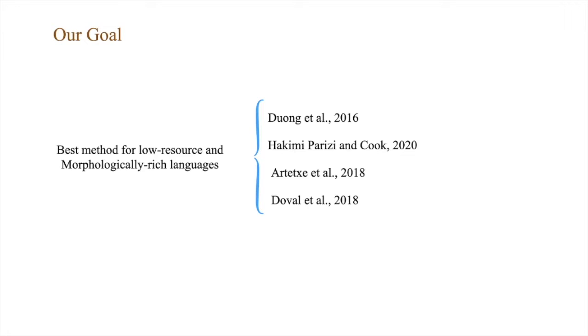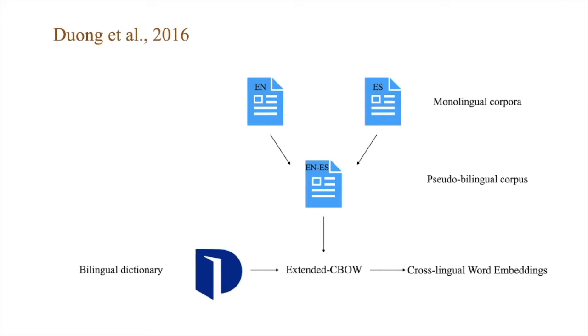Hakimi Parizi and Cook, which is an extension of Duong that incorporates subword information during the training. Artetxe et al. 2018, which is referred to as VecMap, which is a mapping-based method. Doval et al. 2018, also named Meemi, which is a post-processing model applied on top of VecMap.